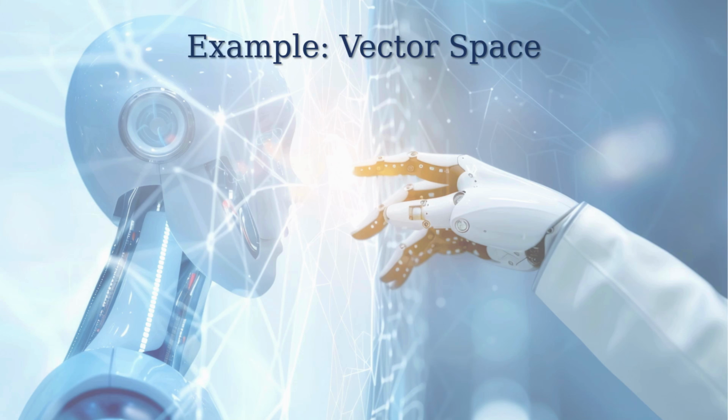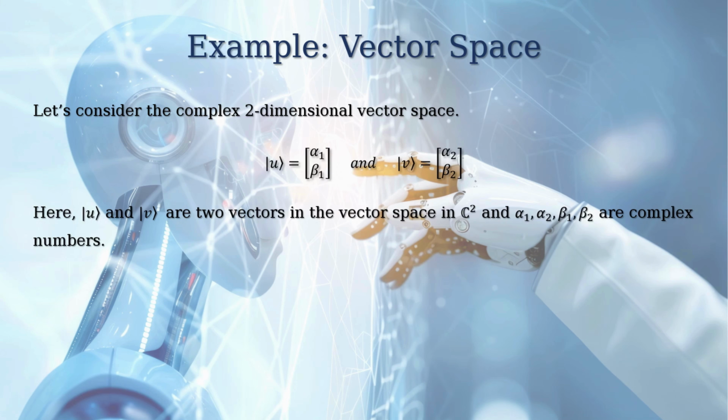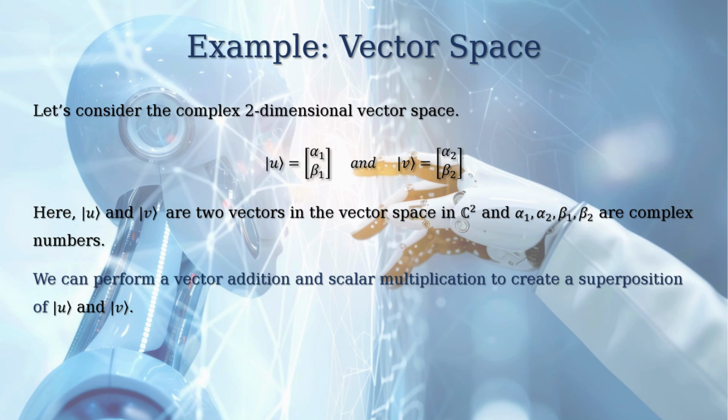So, let's look at an example. Let's consider the complex two-dimensional vector space. Here, ket u and ket v are two vectors in the vector space and alpha 1, alpha 2, beta 1, beta 2 are complex numbers.